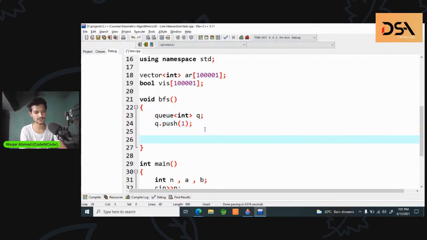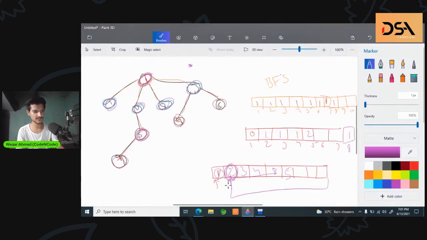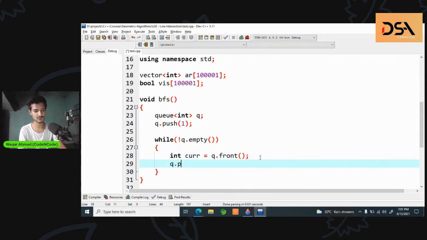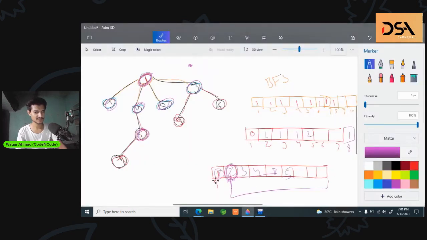After that, while there is at least one element, while the queue is not empty, you always take the element at the beginning. So current node equals queue dot front, and after that you remove that element from the front. Process this and remove it.